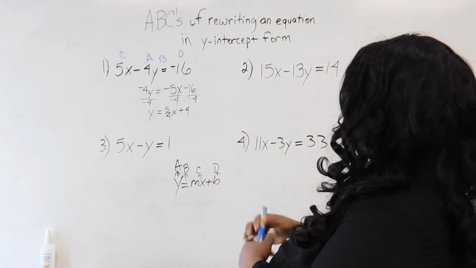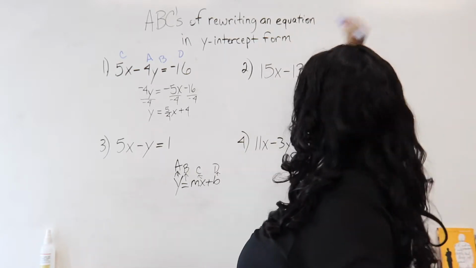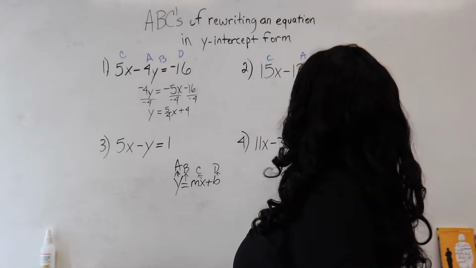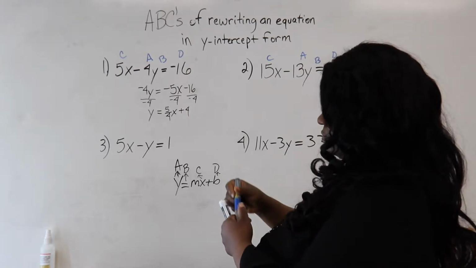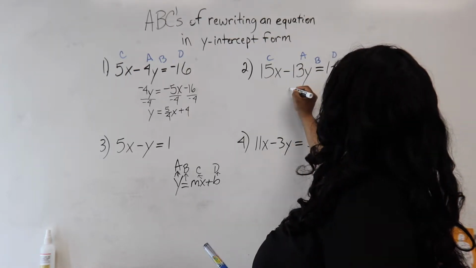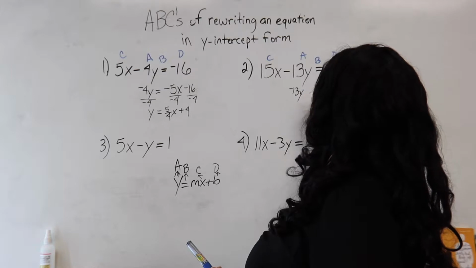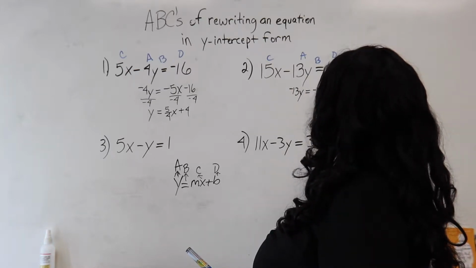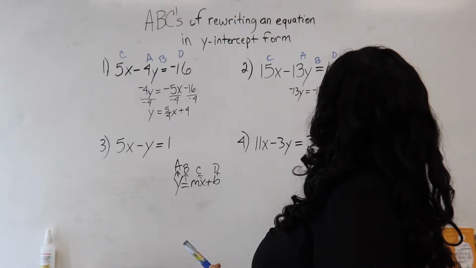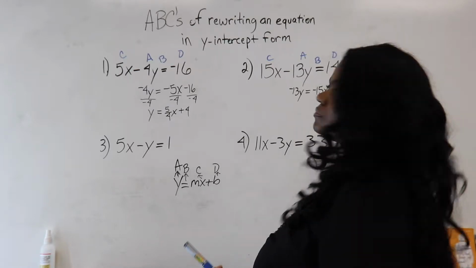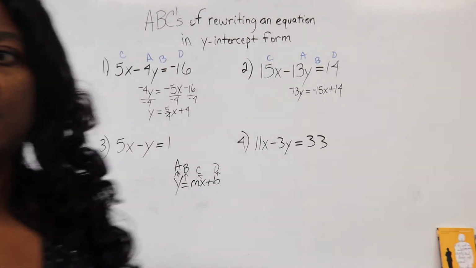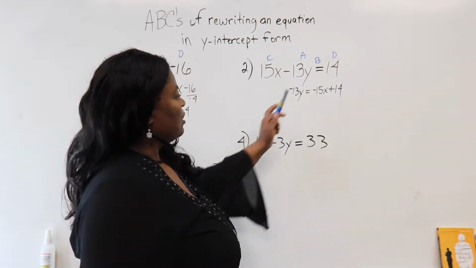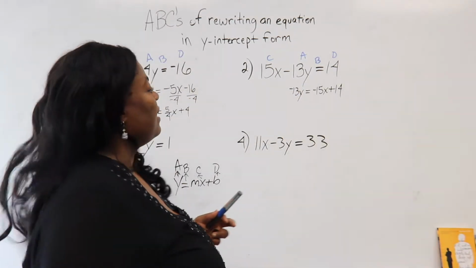Let's get to our next one. All right, let's write it up again. We got A, B, C, and D. So that's negative 13y equals negative 15x plus 14. Okay? You see it? All right. Again, we need a 1 for our y.